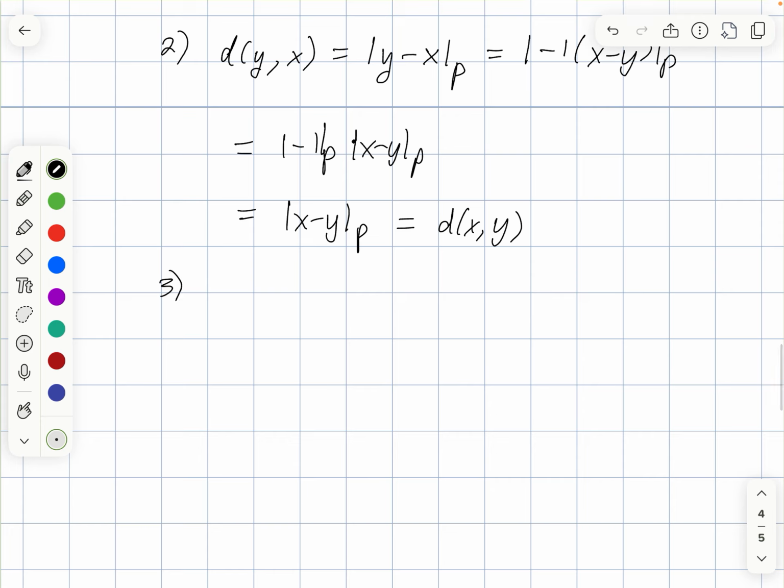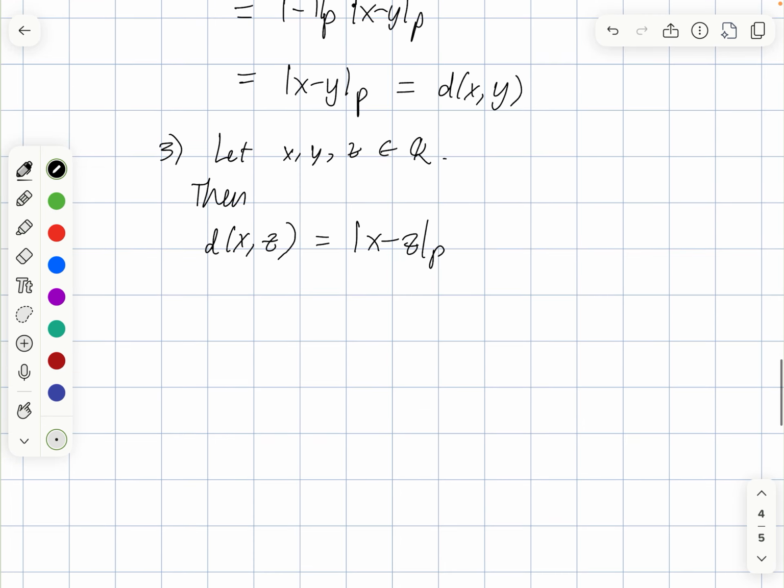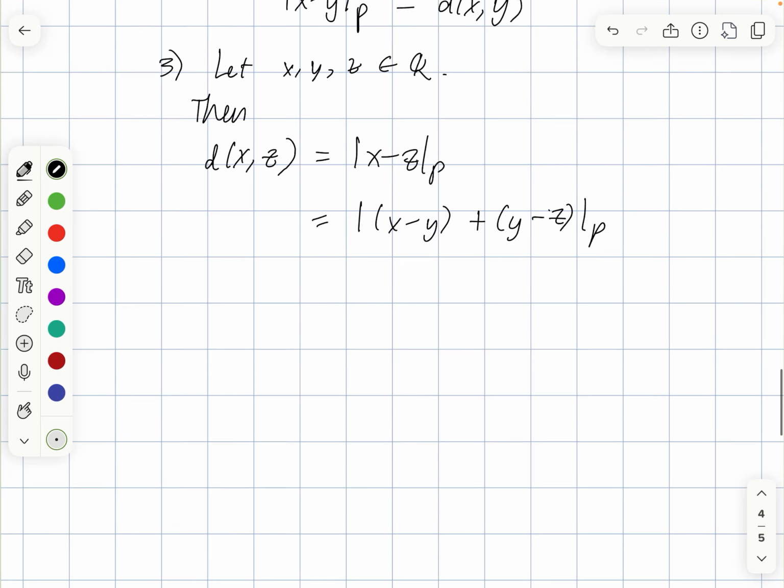Then the remaining thing we need to prove is the triangle inequality. So let X, Y, and Z be rational numbers. Then the distance between X and Z, we want to show that this is less than or equal to the distance from X to Y plus the distance from Y to Z. Well, by definition, that's the p-adic absolute value of X minus Z. And then we can write this as the absolute value of (X minus Y) plus (Y minus Z), right?